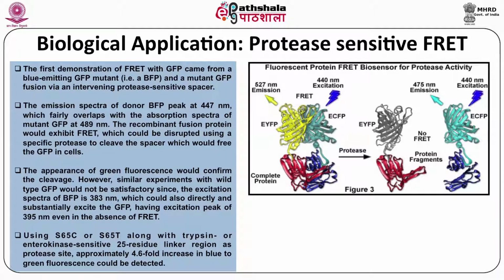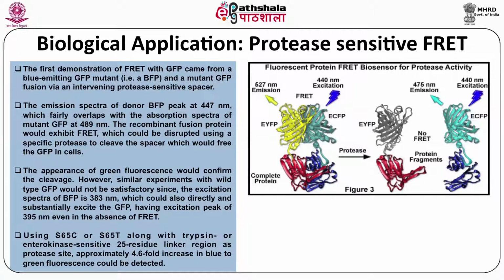However, a similar experiment with wild type GFP would not be satisfactory, since the excitation spectrum of blue fluorescent protein is 383 nanometers, which could also directly and substantially excite GFP, having an excitation peak of 395 nanometers, even in the absence of FRET.